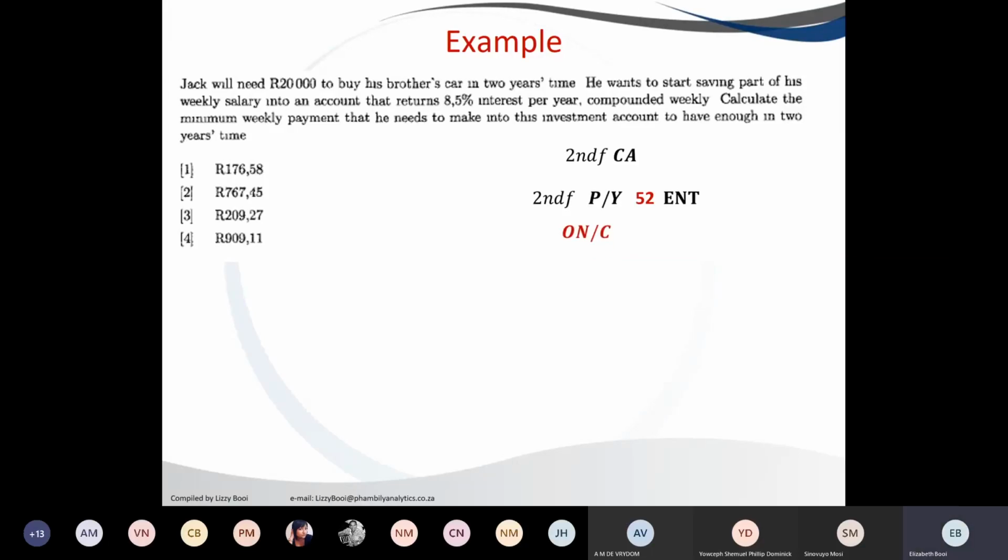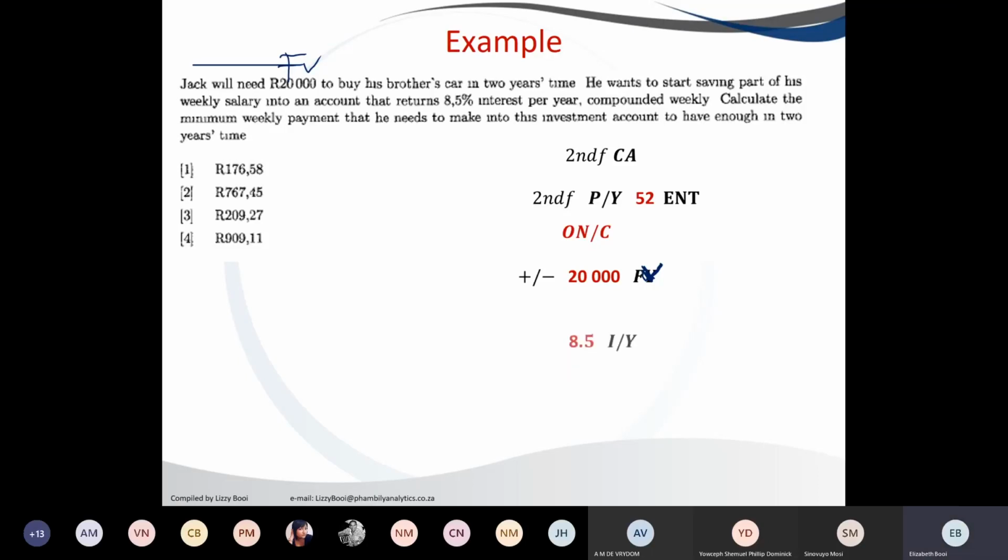The next step is to capture what we are given. We know that we are given our future value, which is 20,000. We go second function, plus or minus, 20,000. That's our future value, FV.